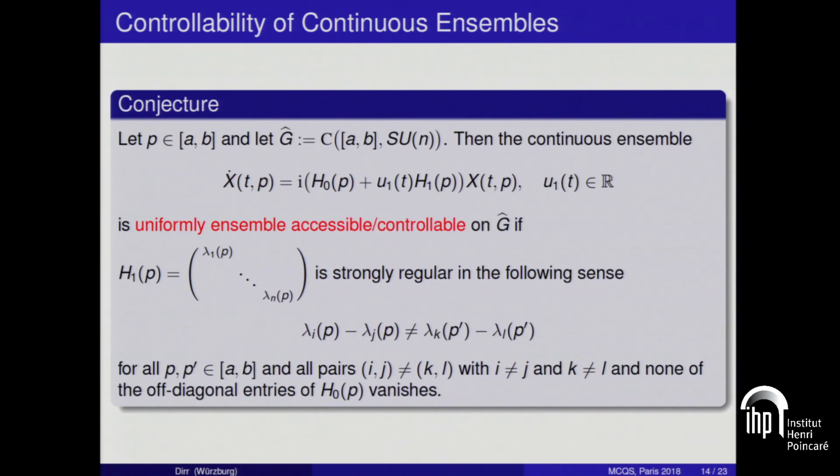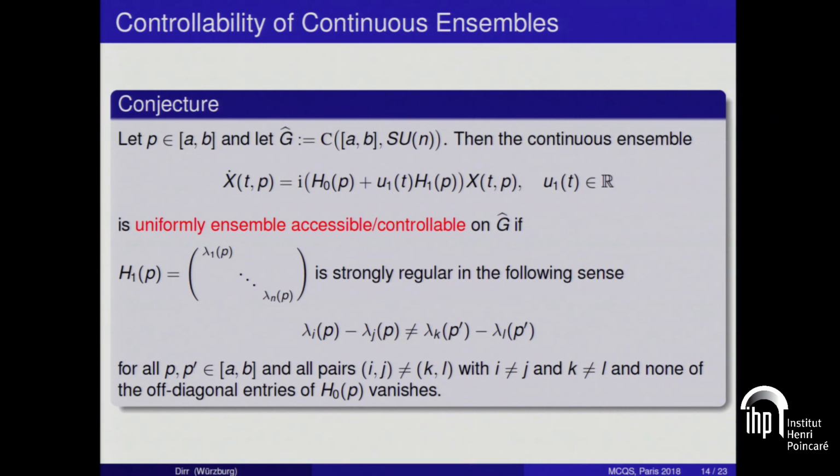So you have to have the differences between the eigenvalues. They have to be different for different index pairs and for different parameter values. It's a very strong assumption. And you have to assume that the drift term here, that none of the off-diagonal entries vanishes.